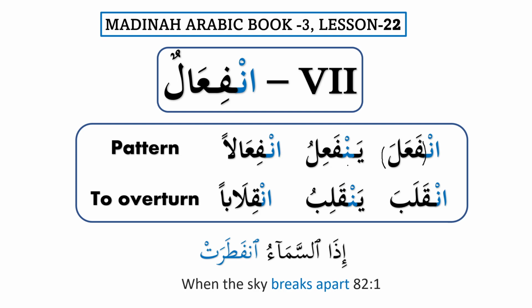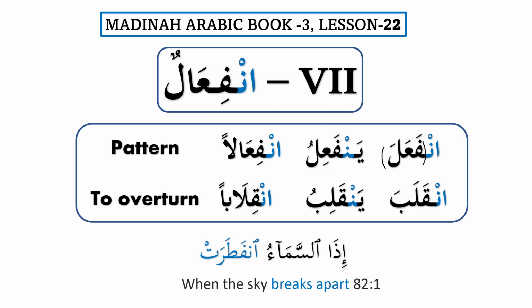Infa'ala, yanfa'ilu, infi'alan. On this pattern, we are going to learn the verb inqalaba, yanqalibu, inqilaban, to overturn. The example from the Quran is إِذَا السَّمَاءُ فَطَرَتْ, when the sky breaks apart.